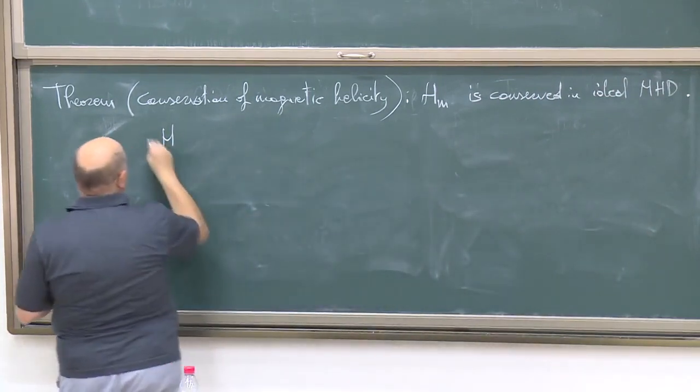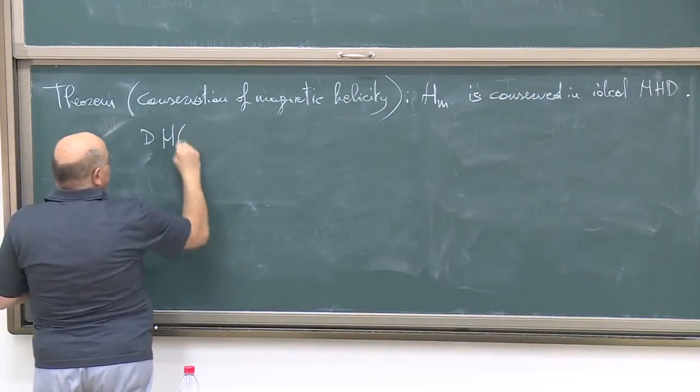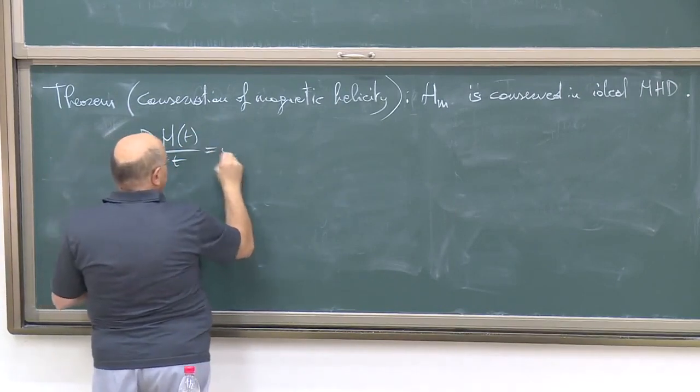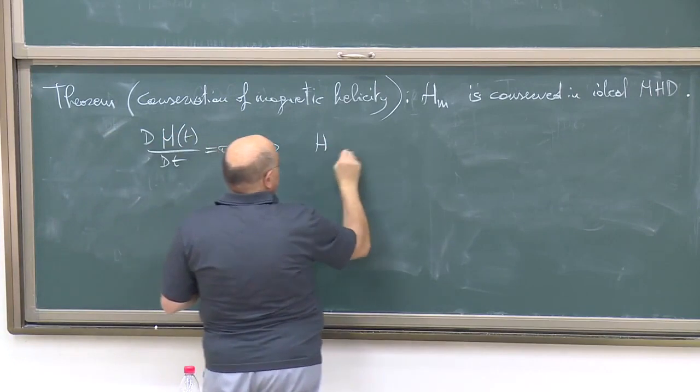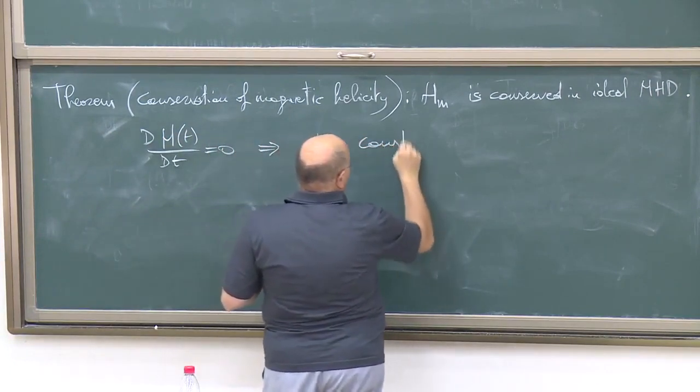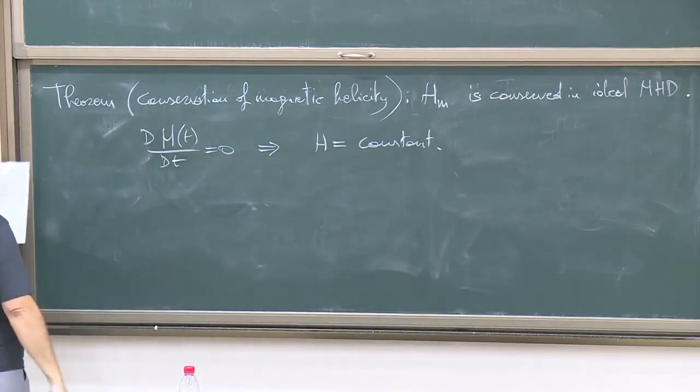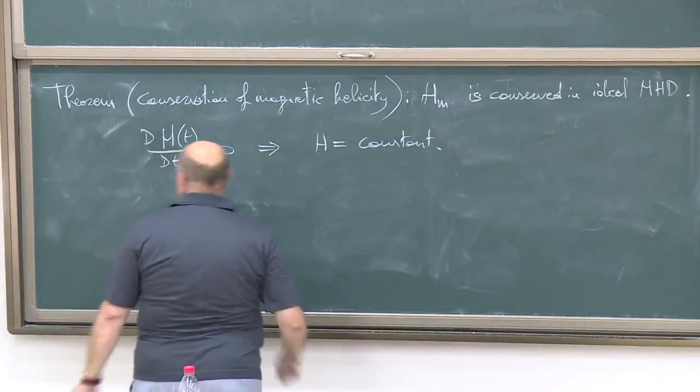So we have dH/dt in general being 0, which means H is constant in time. Okay, so that is the first thing we have to prove.